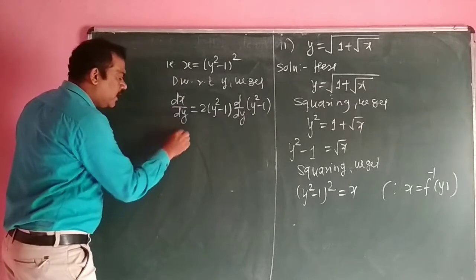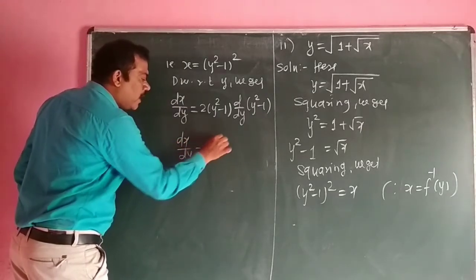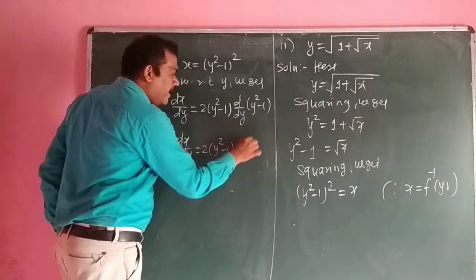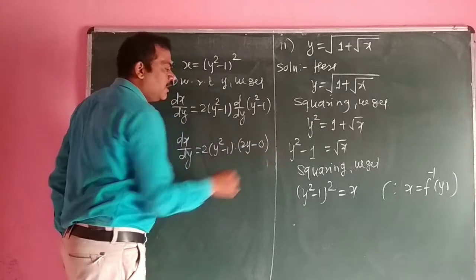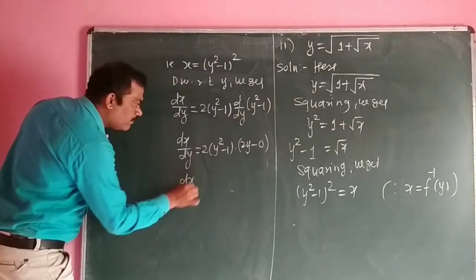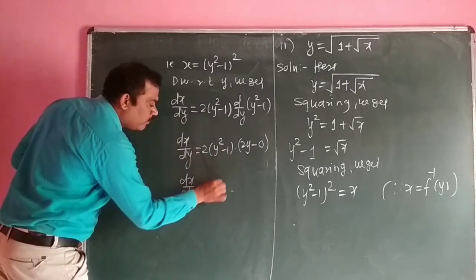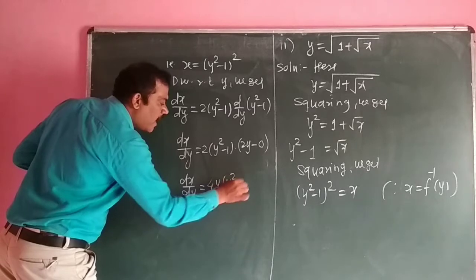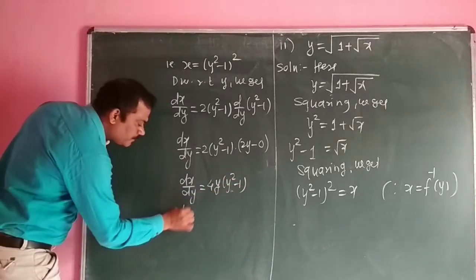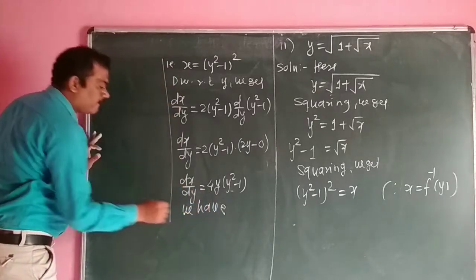So we get dx by dy is equal to 2 into y square minus 1. Derivative of y square is 2y, minus derivative of 1 is 0, that is 2y. So dx by dy is equal to 2 into 2, 4y into y square minus 1.